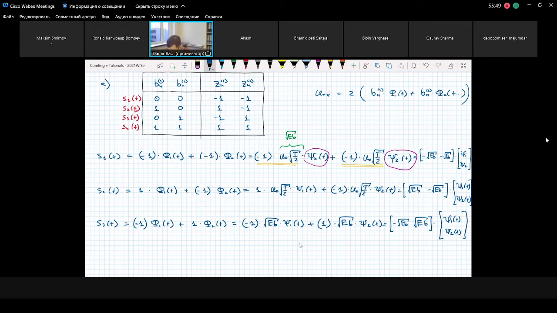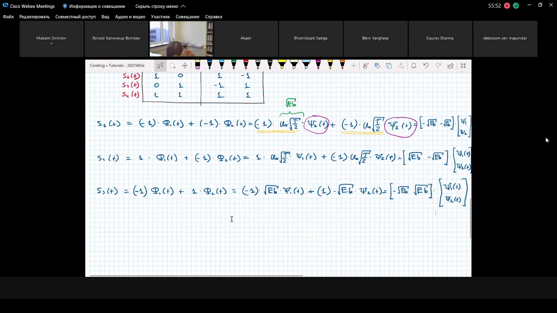And the last signal, S4 of t, we have 1 pulse shaped by phi1 of t plus 1 times pulse shaped by phi2 of t. And we have first of EB times first basis function plus 1 times second basis function.